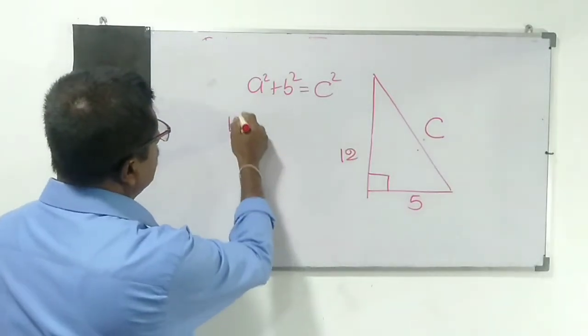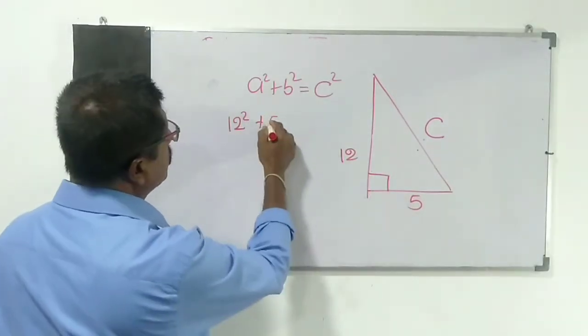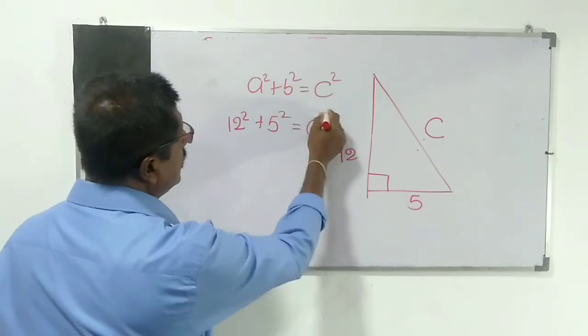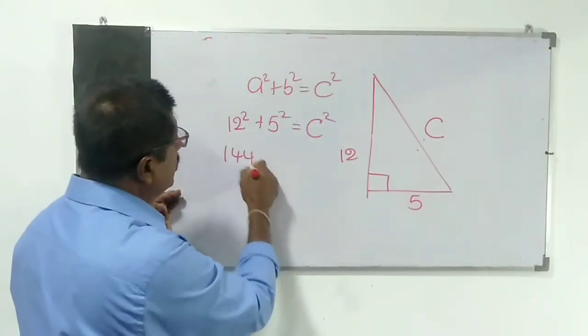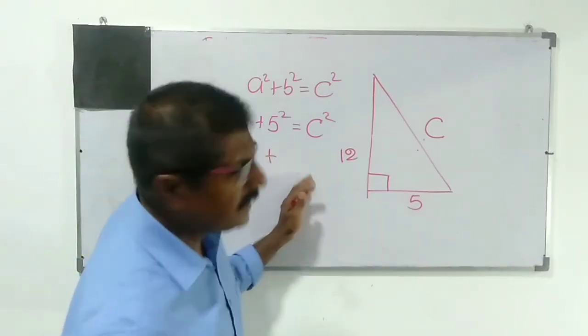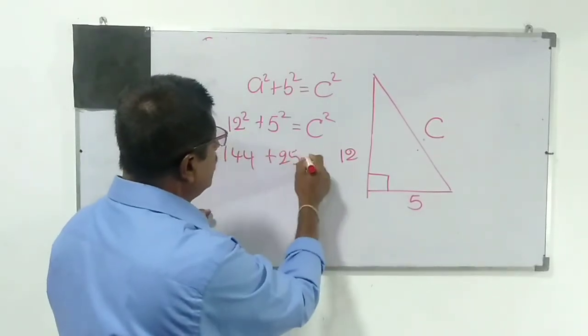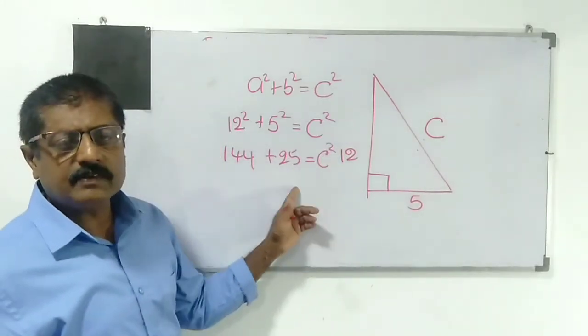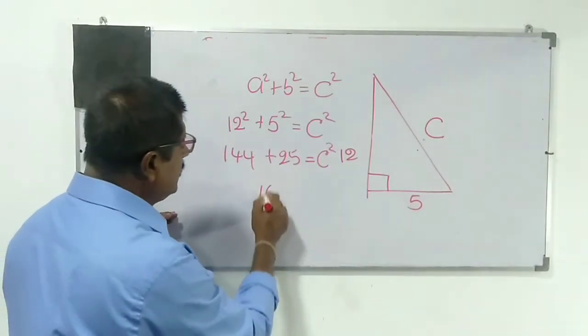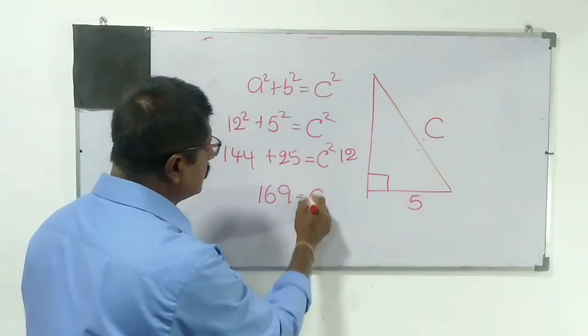12 squared plus 5 squared equals C squared. How much is 12 squared? That is 144. How much is 5 squared? That is 25. Equals C squared. When we add these two, what is the sum? That is 169 equals C squared.